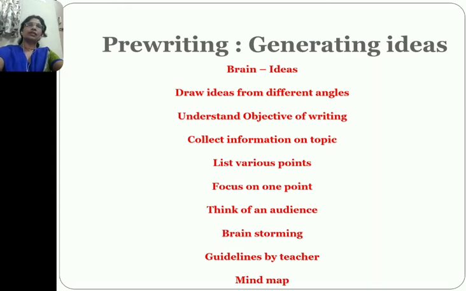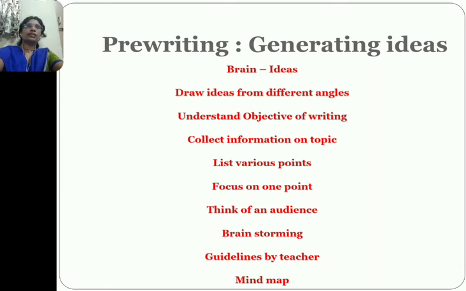Human brain is the storage of variety of ideas, and it is the teacher's duty to draw out these variety of ideas and give training to the students to draw the ideas from different angles. Then the students as a writer must understand the objective of writing.